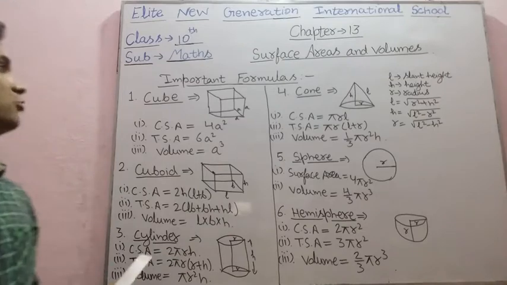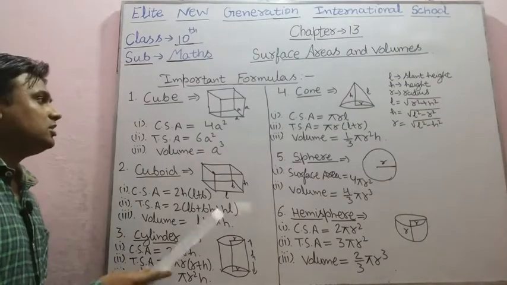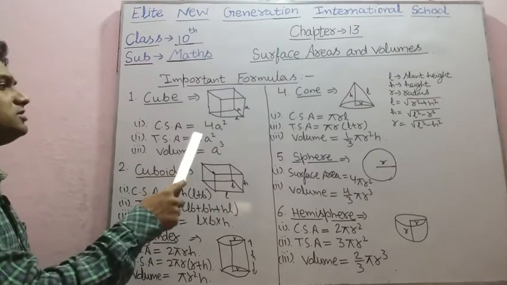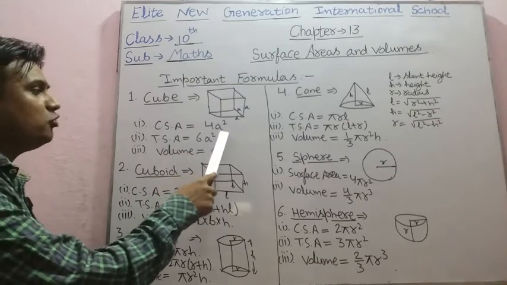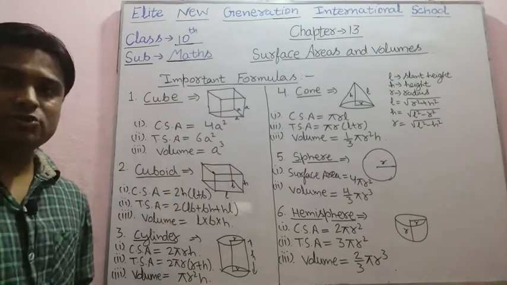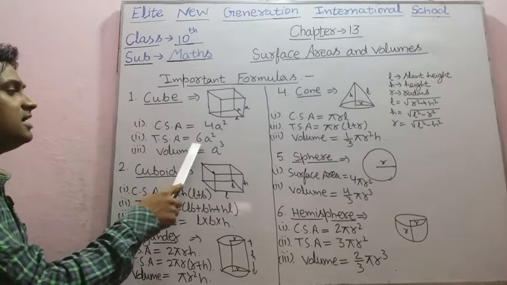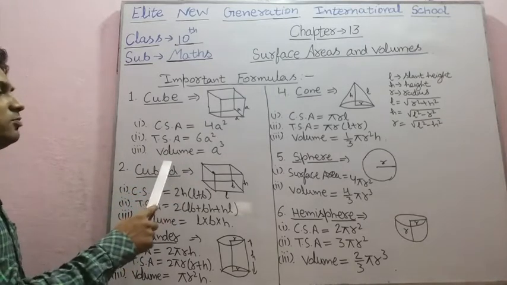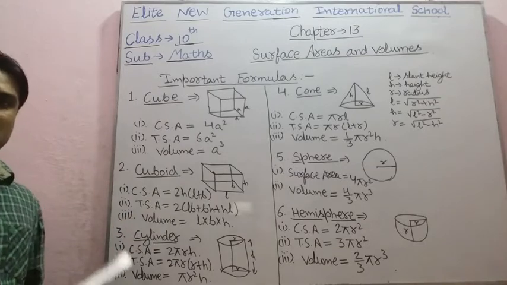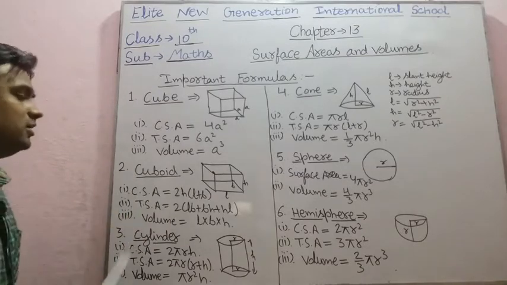So here we are going to start from cube. The curved surface area of a cube is given by 4a square, where a is the edge of the cube, the total surface area of a cube is given by 6a square, and the volume of a cube is a cube. Now after this comes cuboid.